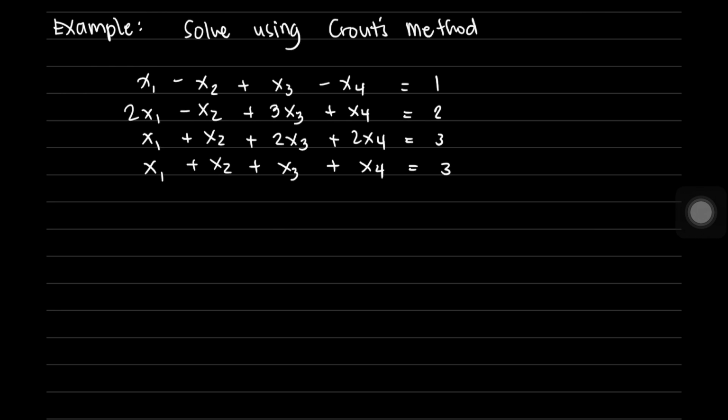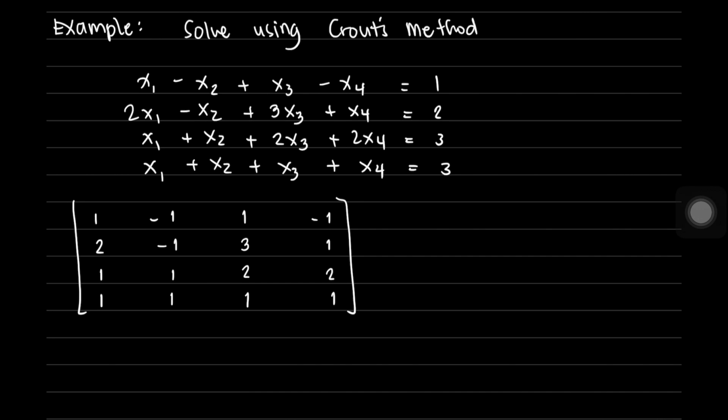The coefficient matrix would be 1, 2, 1, 1, negative 1, negative 1, 1, 1, 1, 3, 2, 1, and negative 1, 1, 2, and 1. So this would be our coefficient matrix.